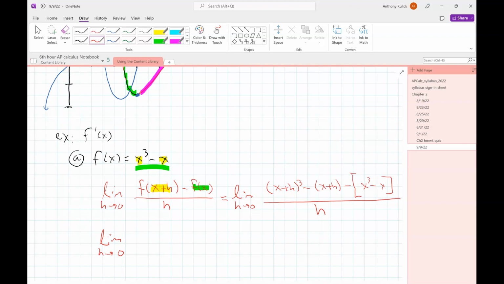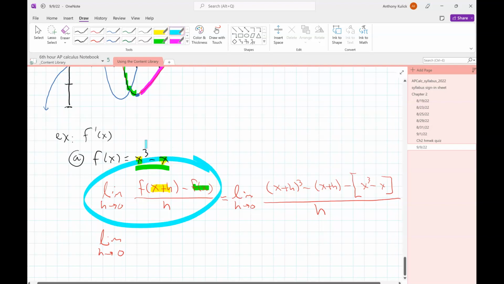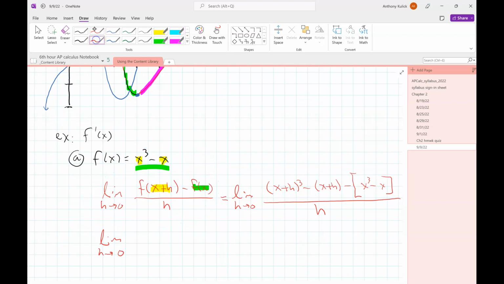All right. Again, I want to point out that if I was back here and I tried to direct sub, I'm going to get 0, right? So I'm going to have to do something to be able to evaluate this limit. What should I do?